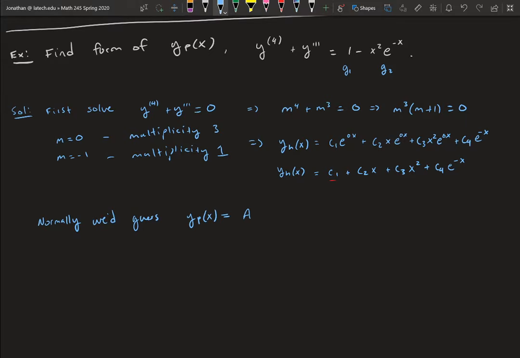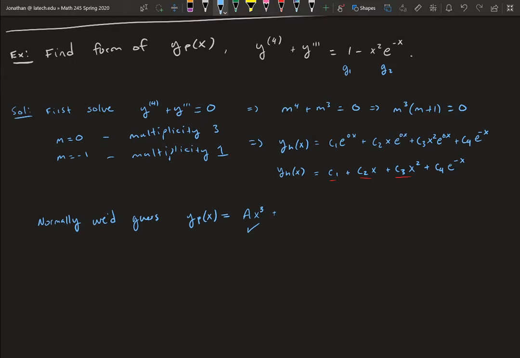So maybe I should multiply A by x. Well, I already have that as well, C2 times x. Well, maybe I should make it x squared. Well, I already have that as well. So actually what we need to do is make it constant A times x cubed. And this eliminates duplication from yh. So that is good to go.